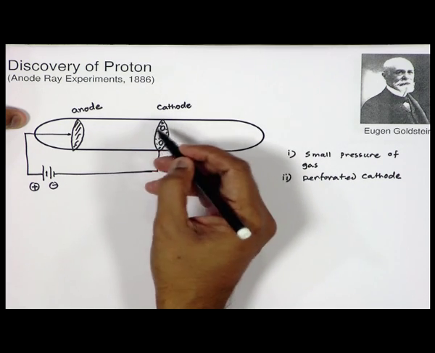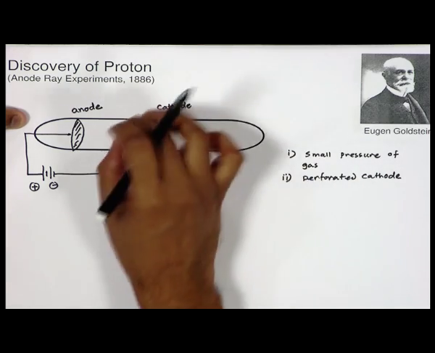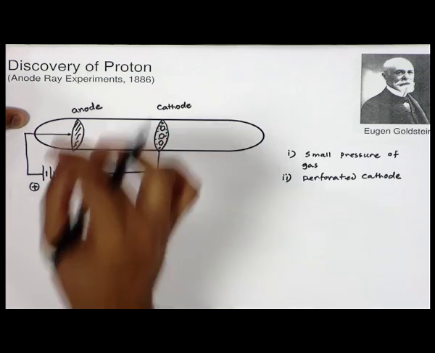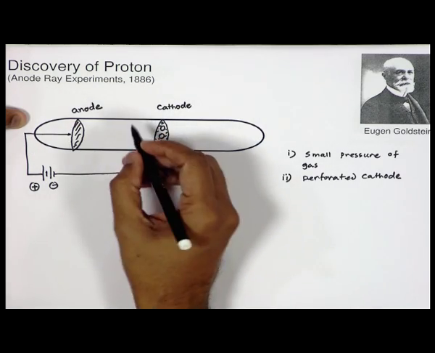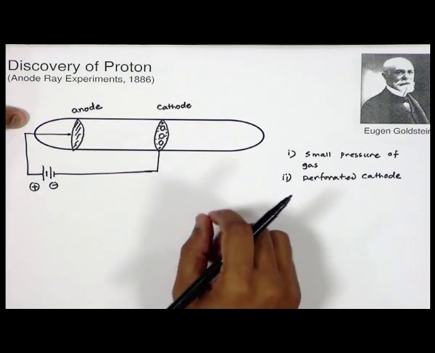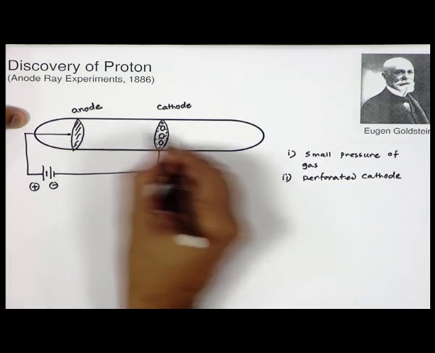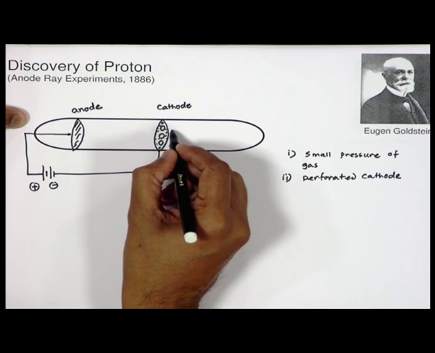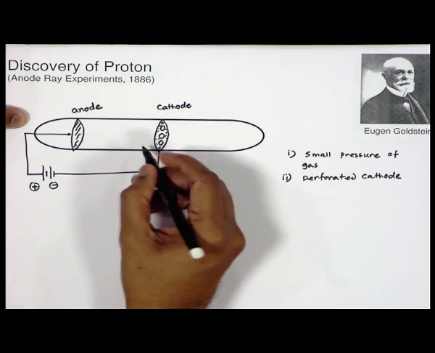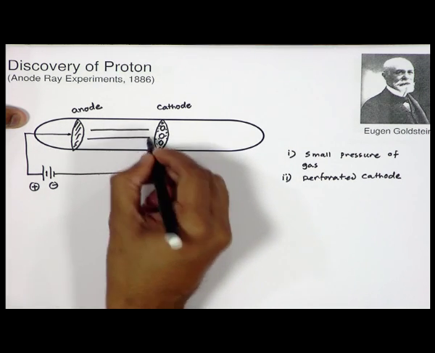By ionization, these gas molecules lose some electrons, and the electrons travel towards the anode. The cations, after removal of the electron, are positively charged gas cations, and they get accelerated towards the cathode plate, traveling from anode to cathode.